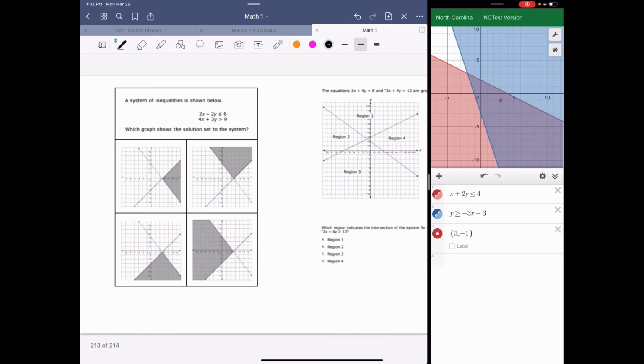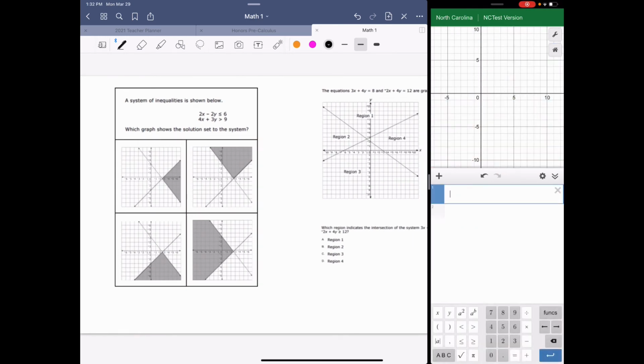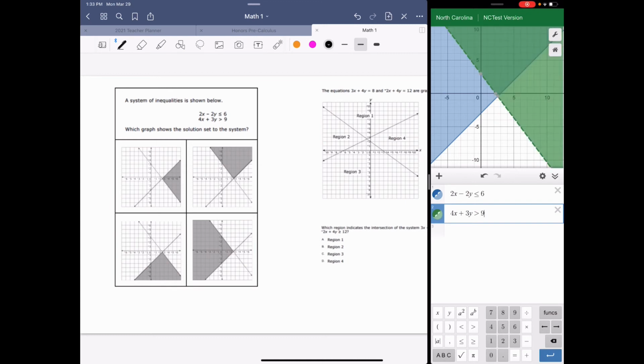Okay? All right, so this one just asks, what type of inequality, where is the solution region? So if we graph this in Desmos, we should be able to see that this inequality has some shading above the first line. All right, and then for the second one, we have shading below.